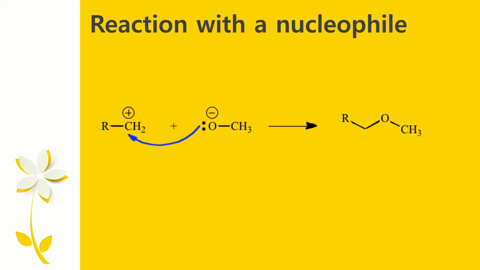So these are some examples. If we have a carbocation, it's susceptible to an attack from a nucleophile, right? So the nucleophile that we have here is methoxide, so it can attack our carbocation here to form an ether.